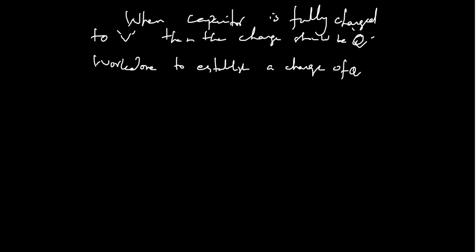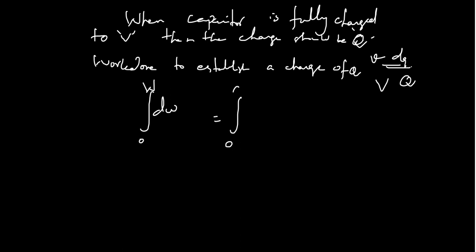Normally it's mentioned as dq, by applying small v, a small change in charge. So how is it obtained? The integral of dW from 0 to W, that is the total work done, is equal to the integral from 0 to capital Q of Q by C into dq.